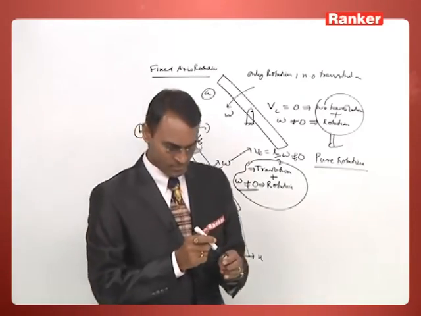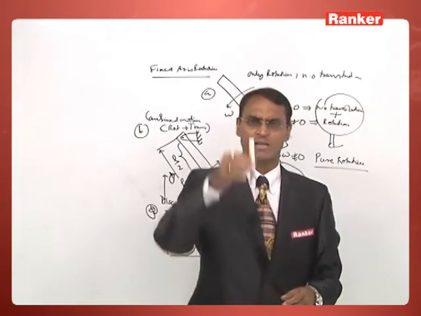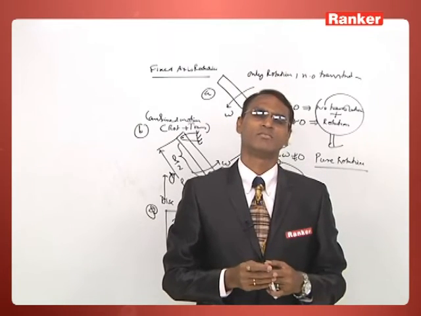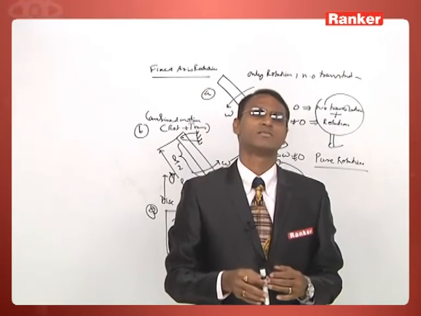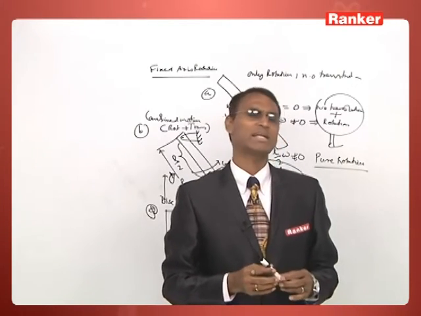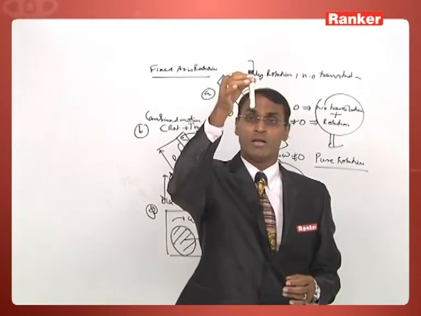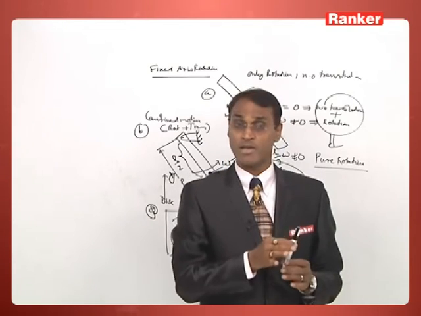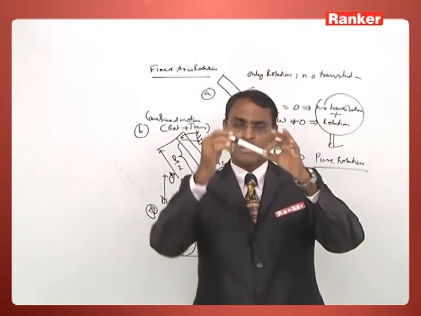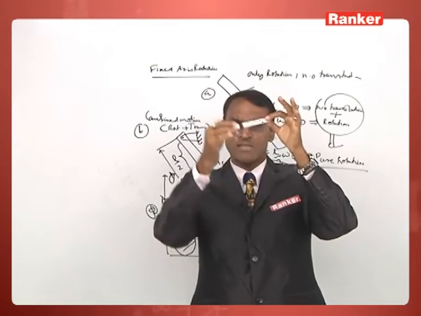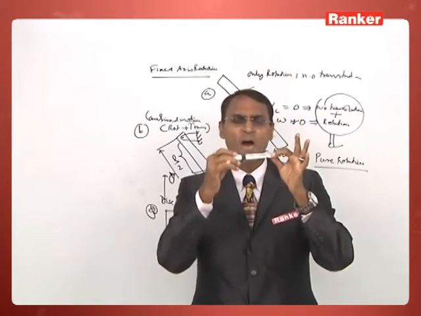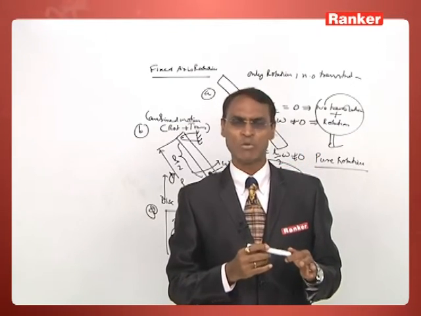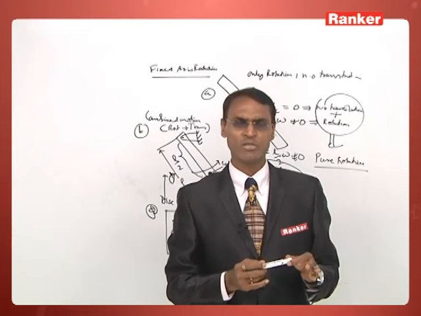Just like in our linear case in translation, when you leave this body, it comes down, its center of mass moves with uniform acceleration. Therefore, this translatory motion is a uniformly accelerated motion. Similarly, when a body rotates with a uniform angular acceleration, that is also called uniformly accelerated motion, but that motion is rotational or angular motion.